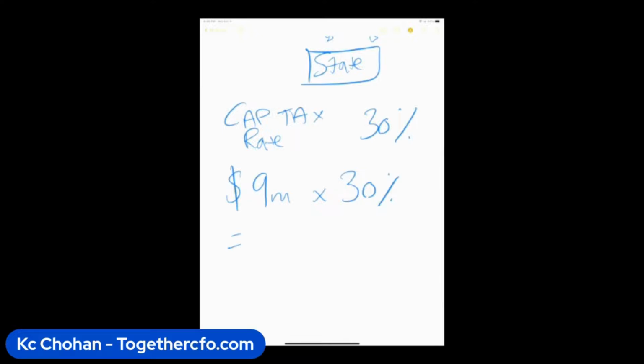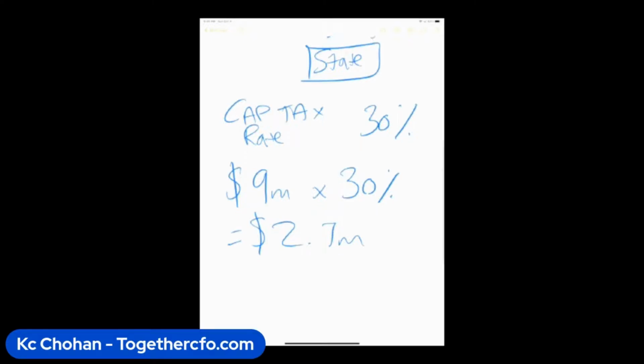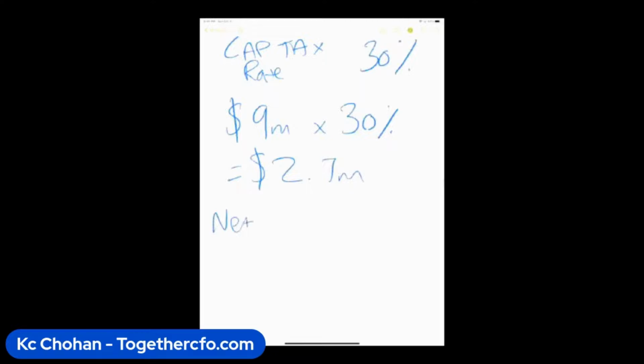That means you would have a $2.7 million tax to pay on your transaction. That would leave you with net profit after tax of 6.3 million. So there's a big chunk of that gone to Uncle Sam in this scenario.